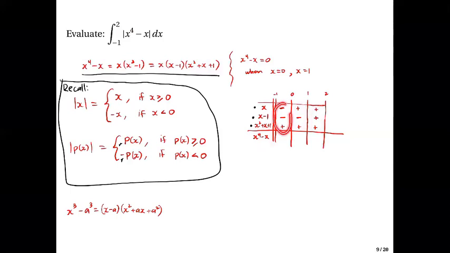For this, minus times minus times plus, you'll get plus. For this, plus times minus times plus, you'll get minus here. And finally, for this, plus times plus times plus, you'll get plus here.